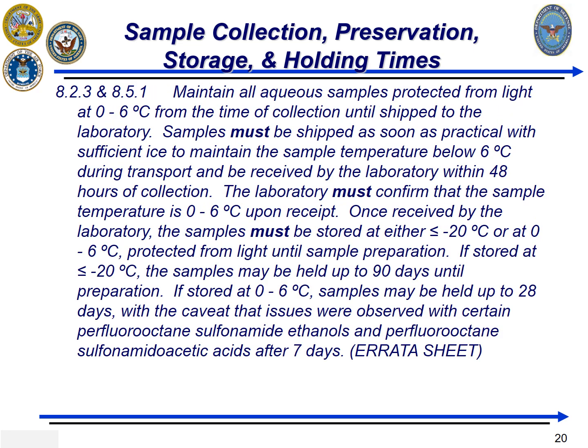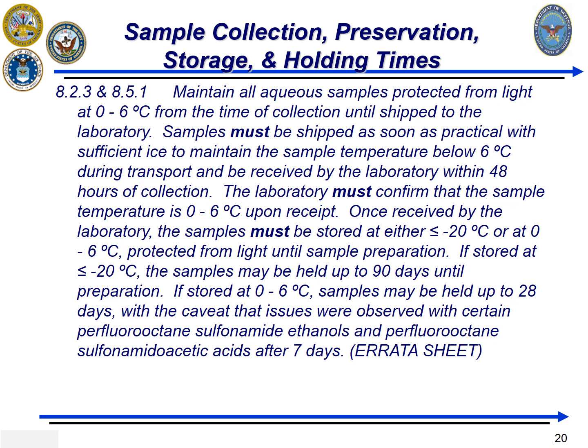Sections 8.2.3 and 8.5.1 discuss the preservation, storage, and holding time requirements for aqueous samples. Section 8.2.3 has been revised per the errata sheet. Basically, the requirements for aqueous samples are that they must be maintained, protected from light, at 0 to 6 degrees Celsius from the time of collection until they're shipped to the laboratory.